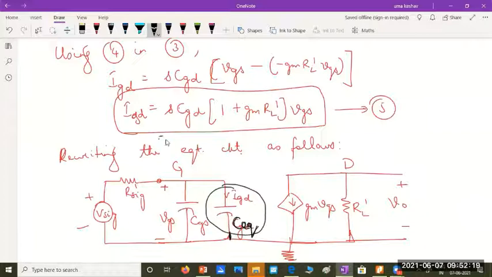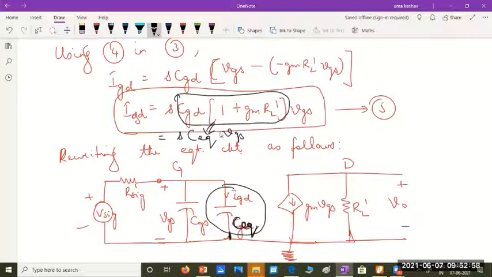What happens to this? Can I write it? Let's say this SCGD into 1 plus GMRL dash. Can I call it S into C equivalent? See what I'm trying to do. This whole thing is replaced with a new capacitance C equivalent.